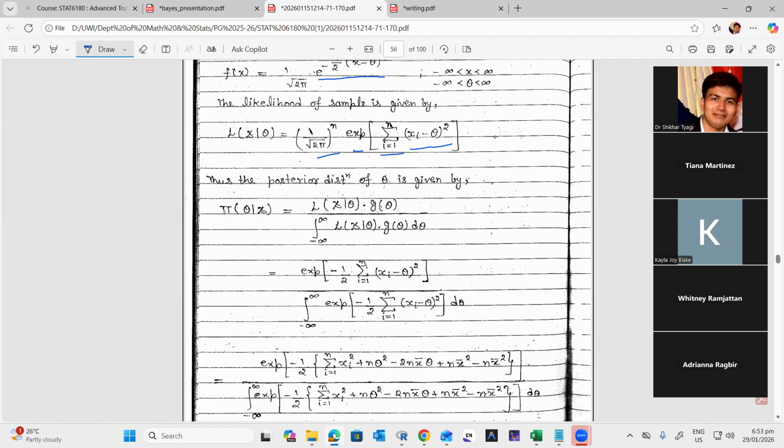Now we will compute the posterior distribution with respect to theta. For that, we have the formula: the posterior distribution pi(theta given x) will be equal to the likelihood function of x given theta into the prior distribution, divided by the integral of the likelihood function into the prior distribution, integrated over the range of minus infinity to infinity, that means over the range of theta. All right.